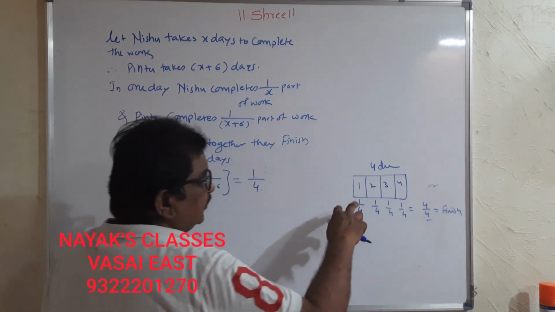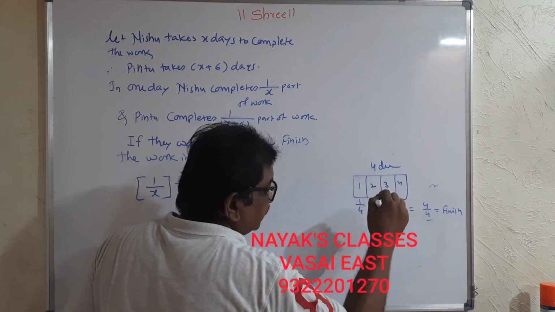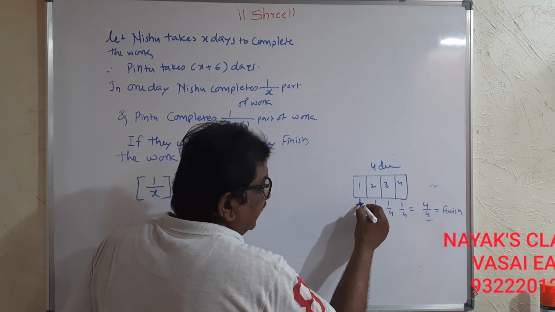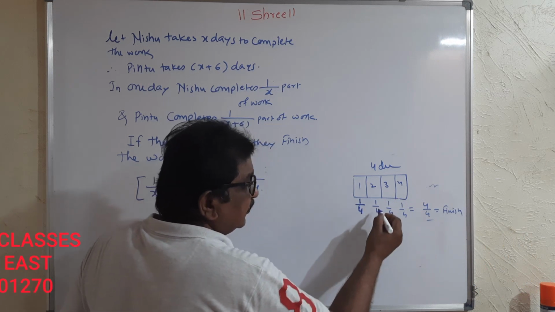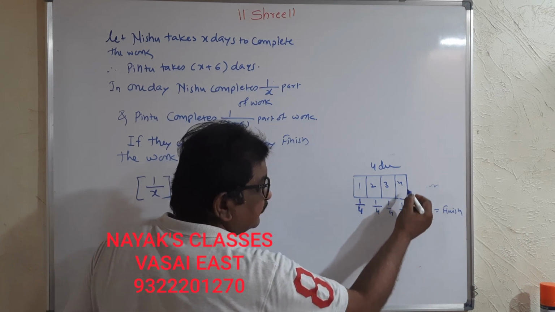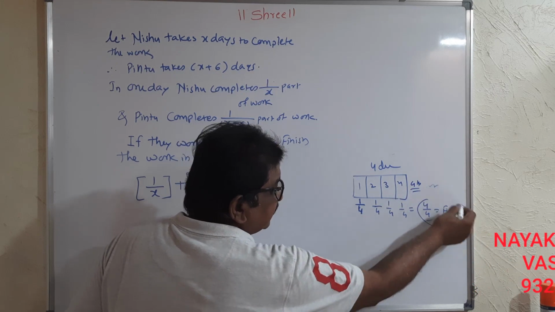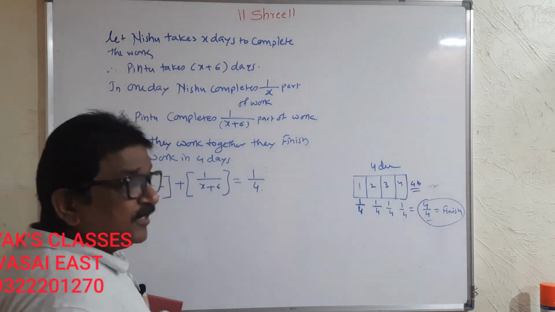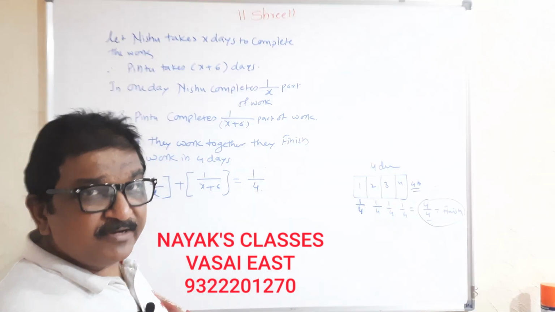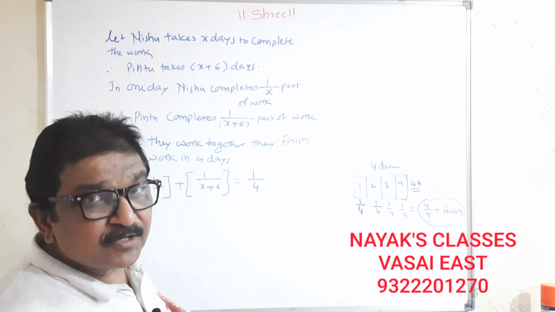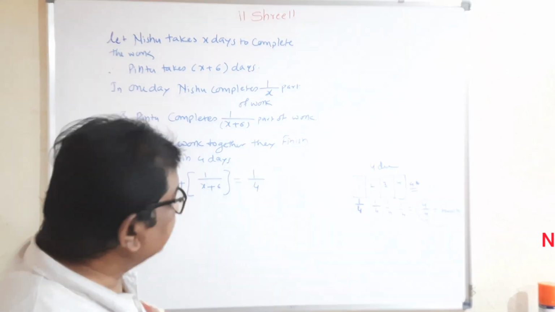So when they finish in 4 days, the work done in one day is 1 by 4, 1 by 4, 1 by 4, and on the fourth day, the full work is finished. So in one day, both of them will do 1 by 4 part of the work.